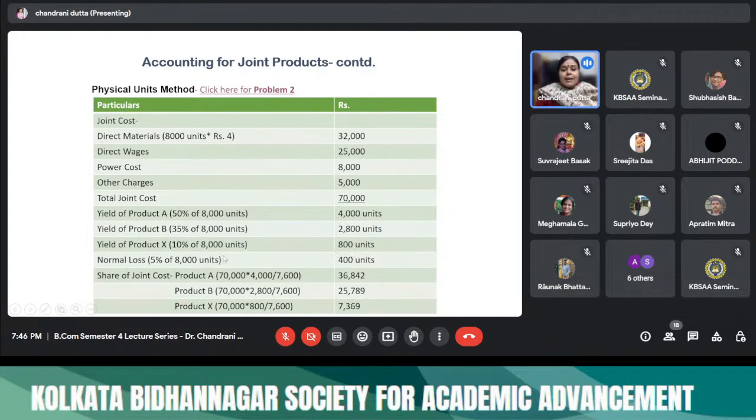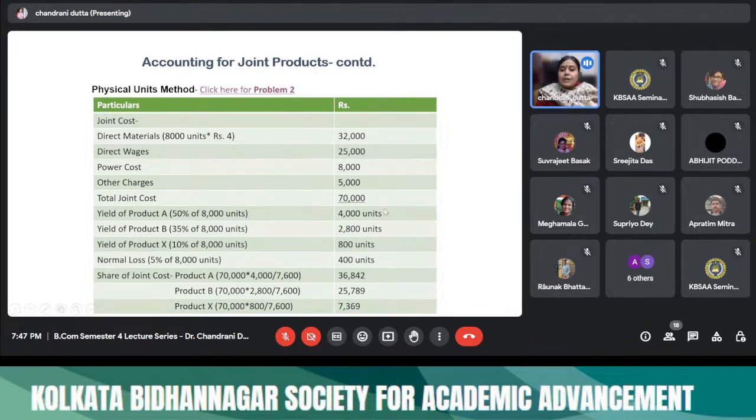Now when I calculate the share of joint cost, my total joint cost is 70,000. Now, this 70,000, what am I going to divide it by? Shall I divide it by 8,000 units? The answer is no, you're not going to divide 70,000 rupees by 8,000 units.